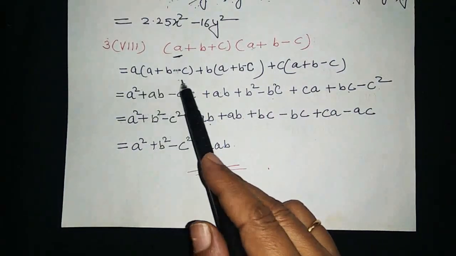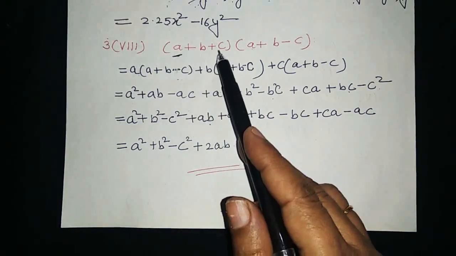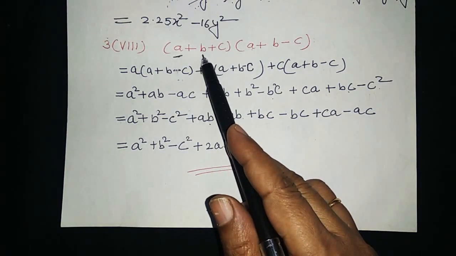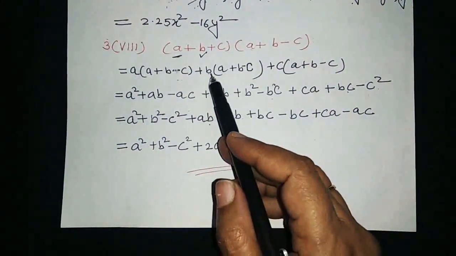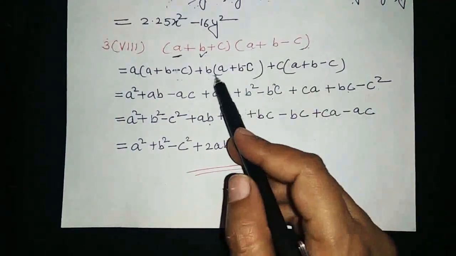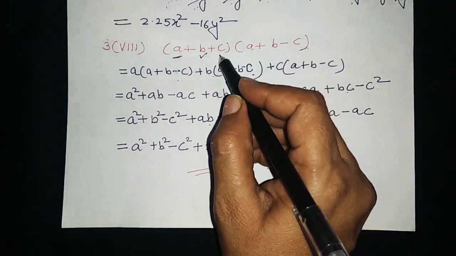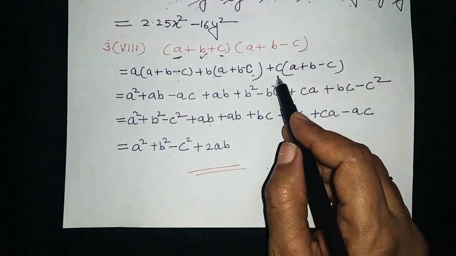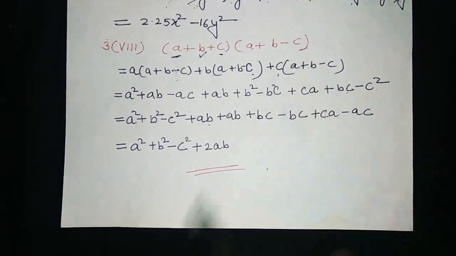Here you can see I have written. Now we will write here plus b. Okay, this plus b will multiply with this a plus b minus c. Now after this we will write this plus c, and we will multiply it also by a plus b minus c.